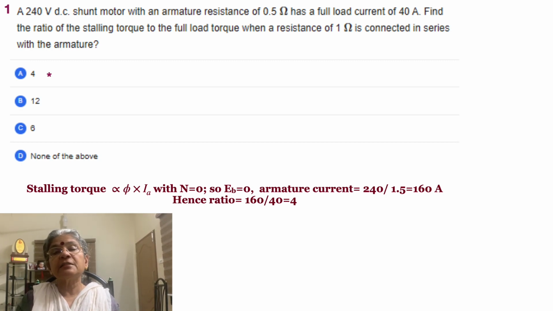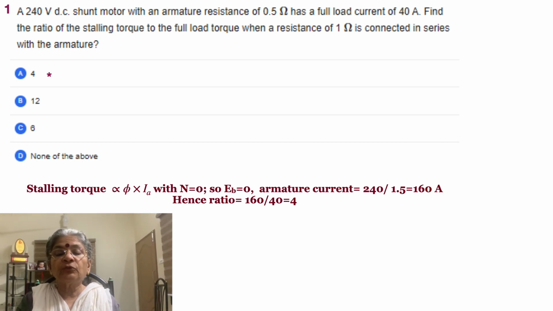So that gives us an understanding of the stalling torque. But since speed is not there, you can't use the expression 2 pi NT by 60 equals EB IA, because EB is equal to 0 and speed is also equal to 0. So now just the power equations or the current will be sufficient for explaining the torque, because the torque for a shunt motor is proportional to the current.